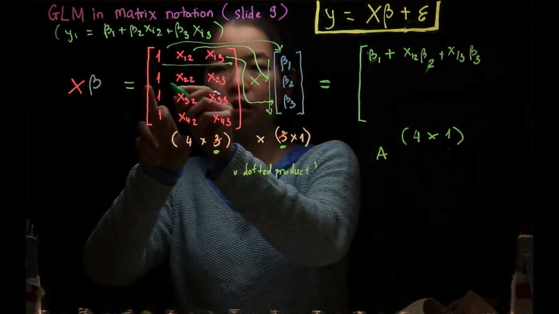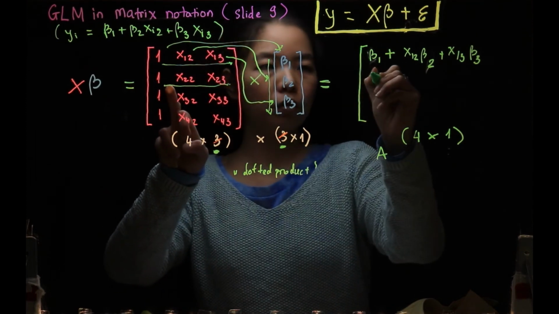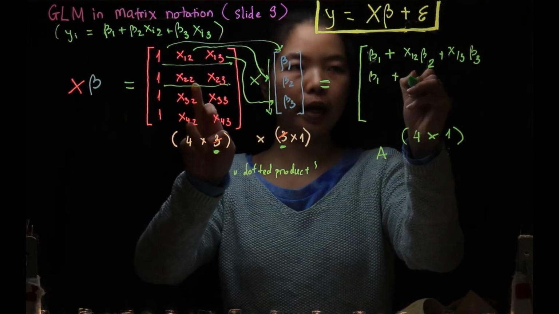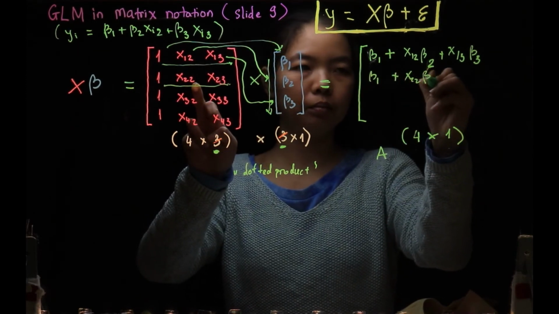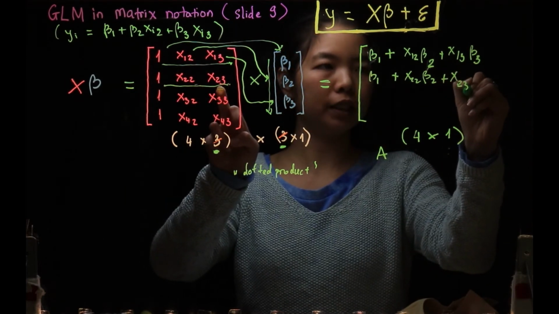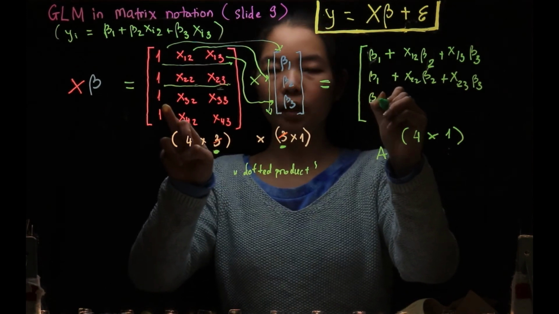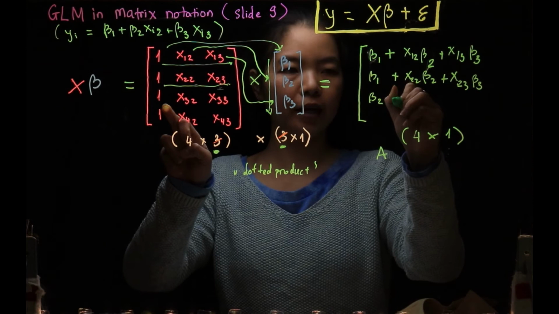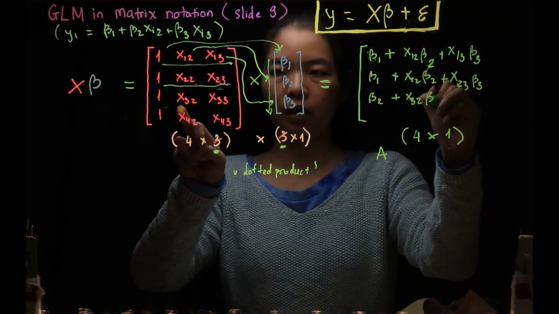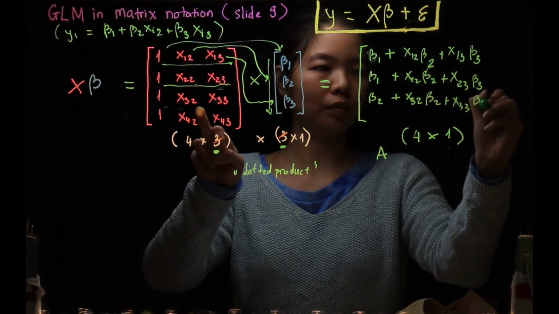So let's move on with the second row of the matrix X. Again, 1 times beta 1 plus x22 times beta 2 plus x23 times beta 3. And then again, beta 1 for the third row of X plus x32 times beta 2 plus x33 times beta 3.